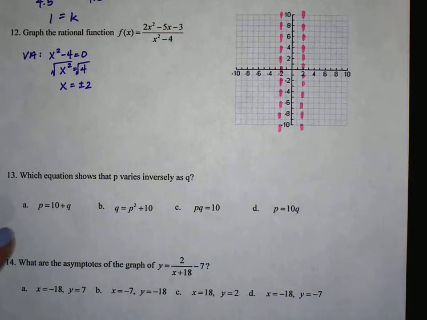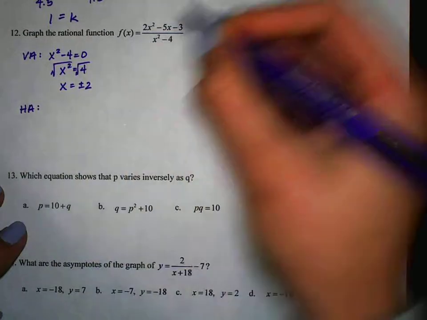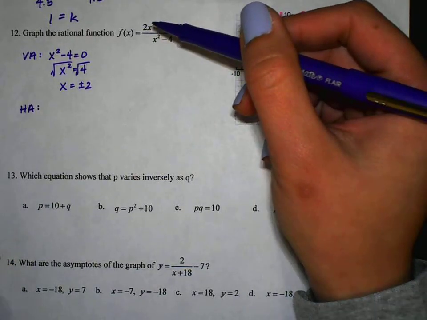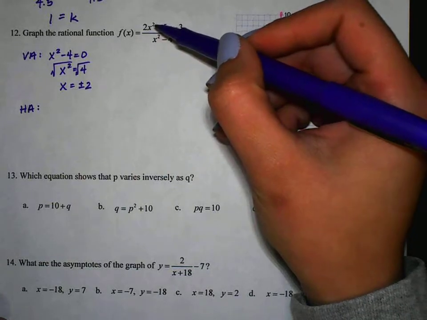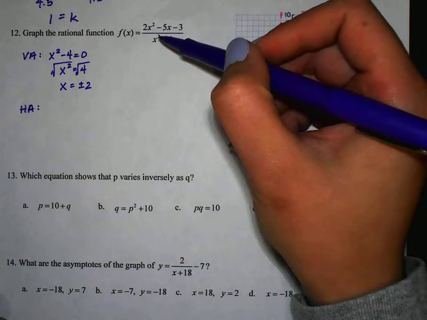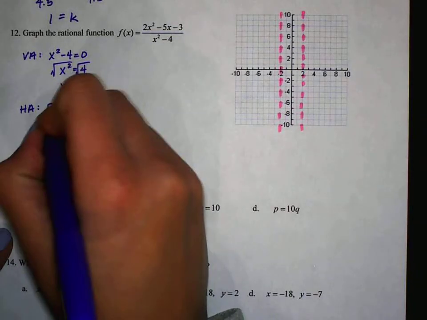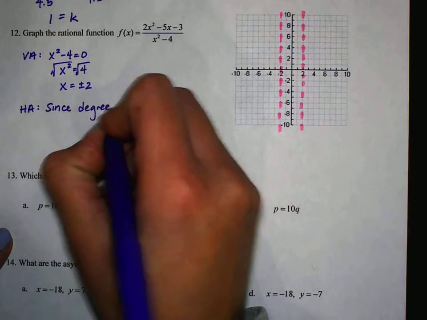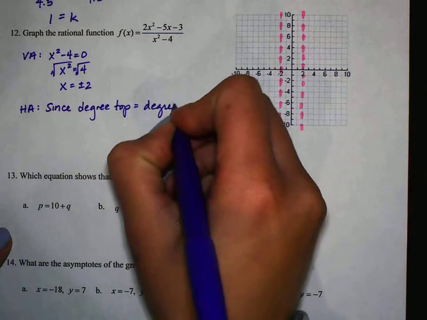Alright, the next thing is your HA. What we're going to do is look at the degree of the polynomial in the numerator versus the degree on the bottom. So notice the degree is 2, because the exponent's a 2, and on the bottom it's also 2. So since they're equal to each other, we're going to look at the coefficients.